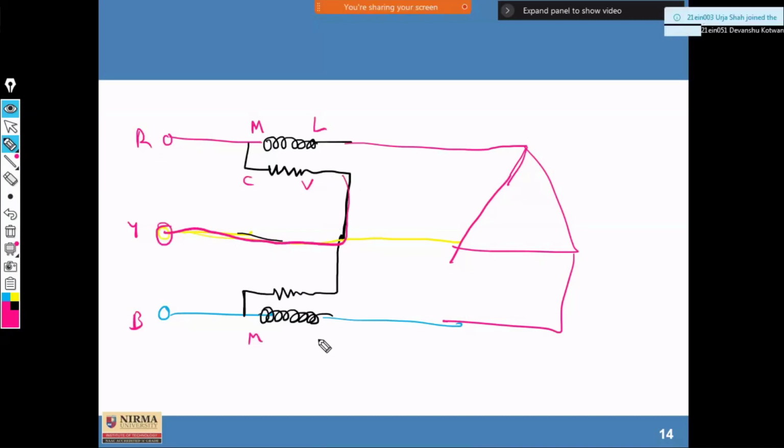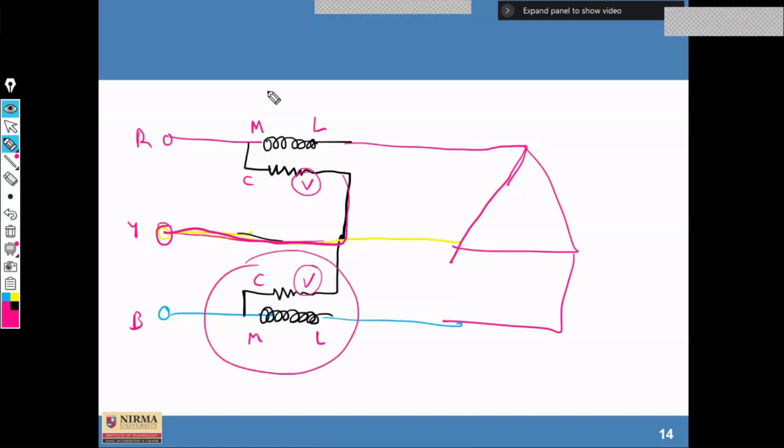Similarly here it is M, L, C, and B. This voltage terminal is connected to the third phase, which is available in the system. So this is your wattmeter 1, W1, and this is wattmeter W2.